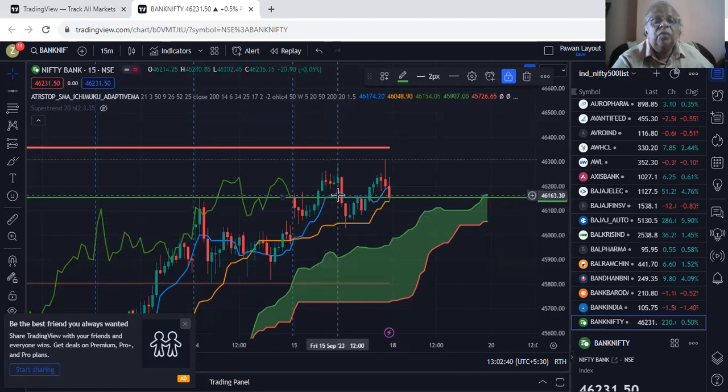It has moved. No, it has touched a high of 46,280. Okay, this 120 points jump can be seen. Is seen, not can be seen, it's seen.